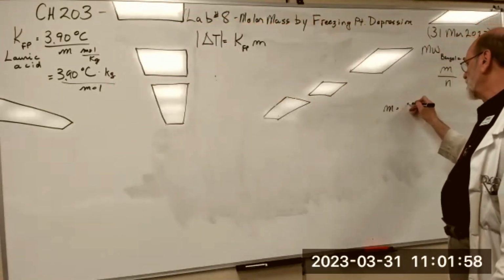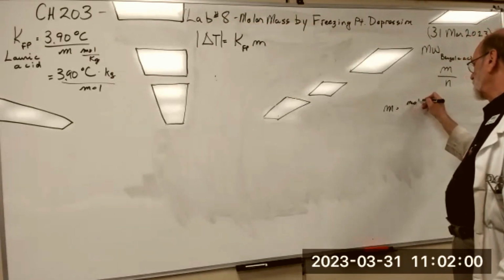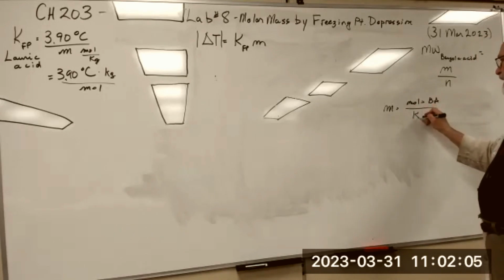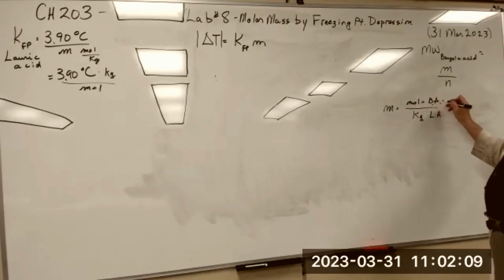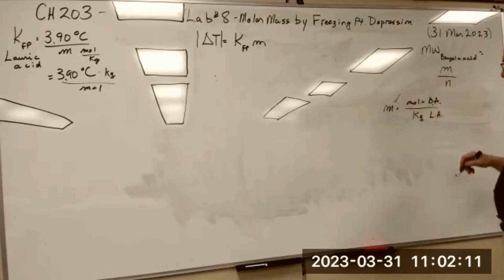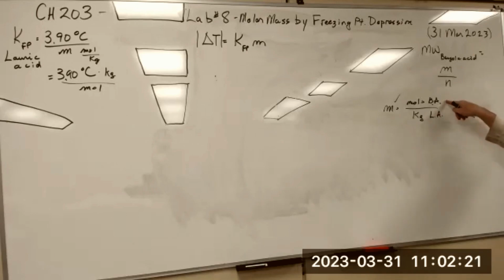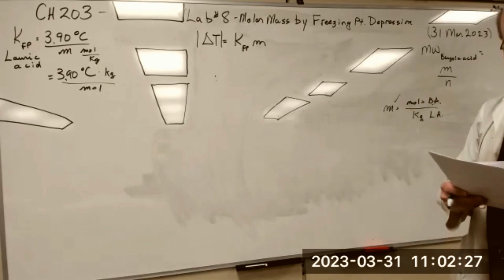Molality equals moles of benzoic acid per kilogram of lauric acid. We know the kilograms of lauric acid too because we weighed it out. Well, we know the grams, so you have to convert it to kilograms. And then you can solve for the moles. Once you solve for that value, it goes in here along with the mass. You can calculate your molecular weight.